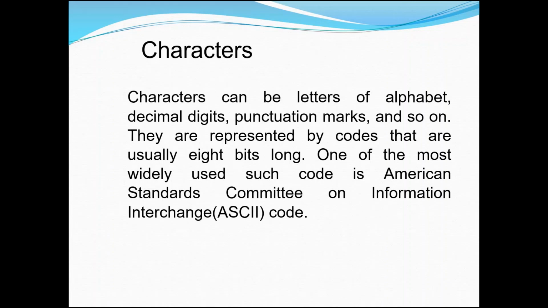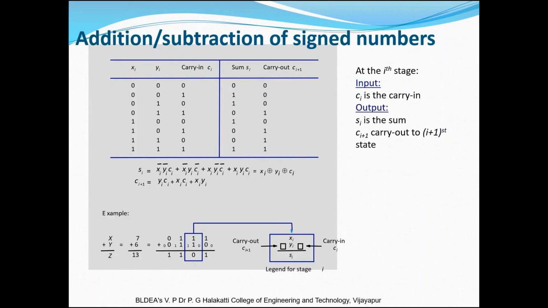They are represented by codes that are usually 8 bits long. One of the most widely used such codes is the American Standard Code for Information Interchange, that we call ASCII code. So characters can be represented using ASCII code as 8-bit combinations. I think I have told about it in the first video.